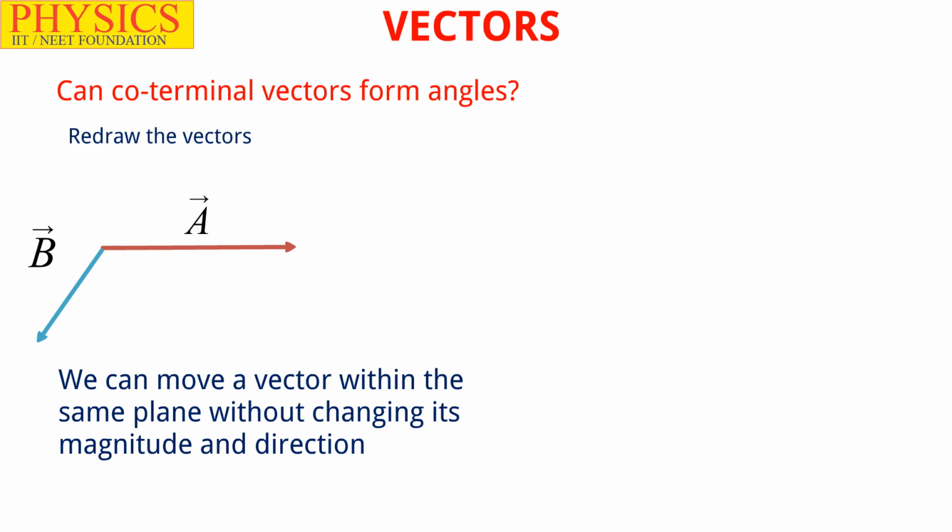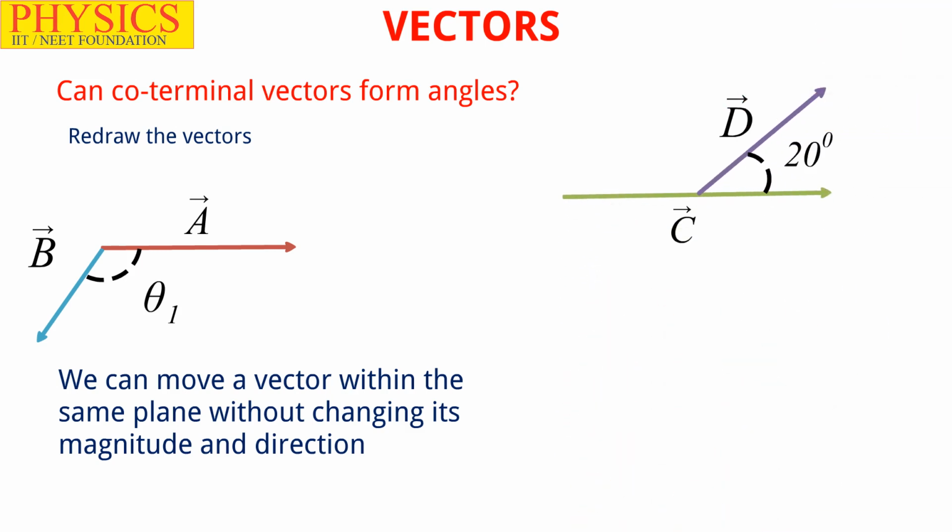Now, the angle between vector A bar and B bar is theta 1. Understood? Very good. In this way, you can measure the angle between the vectors. Consider an example. Here, what is the angle between vector C bar and D bar?